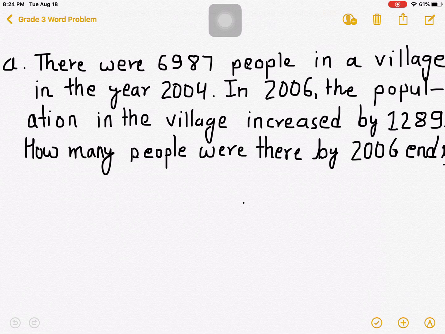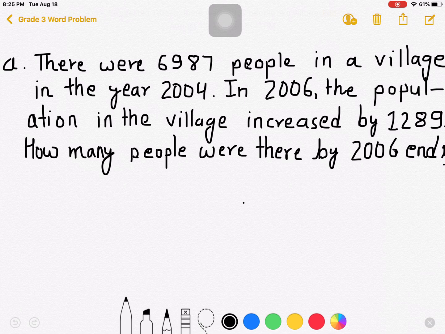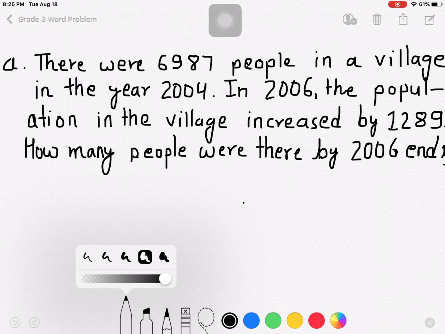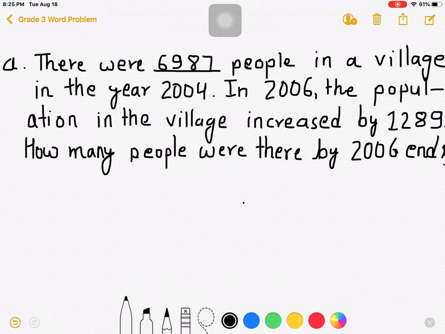Now here, what is given is that in the year 2004, the population was 6,987, isn't it? This is given.